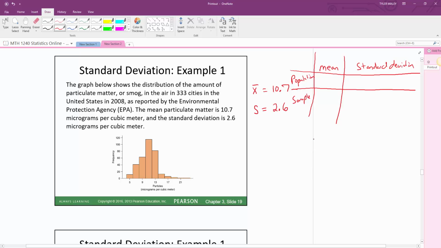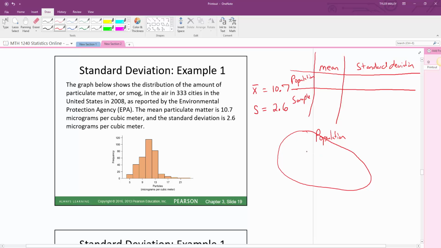One thing you want to remember when we talked about population and sample before is, if we're trying to do a study, we can never possibly know or be able to get results from everything in the population we're studying. Like in this example, we're studying smog levels in cities in the United States. It's not practical for me to get a sample from every single city in the US.